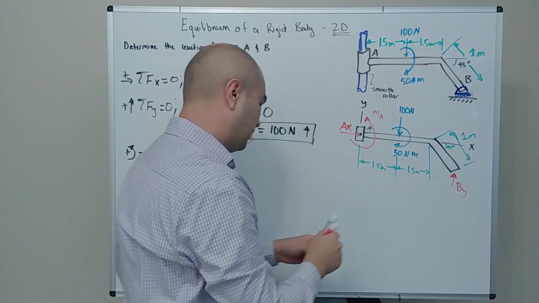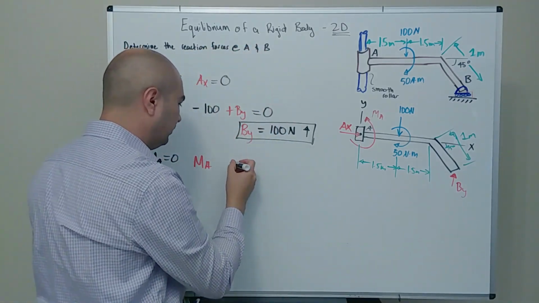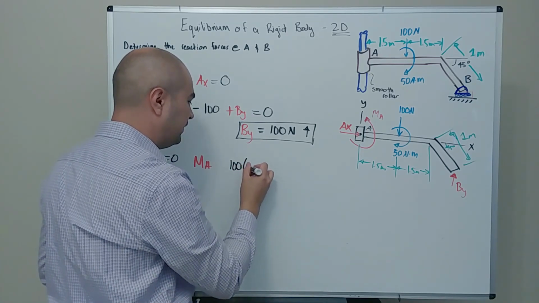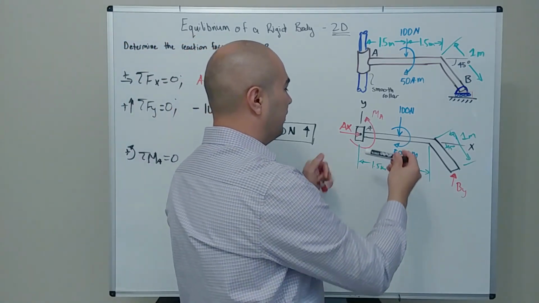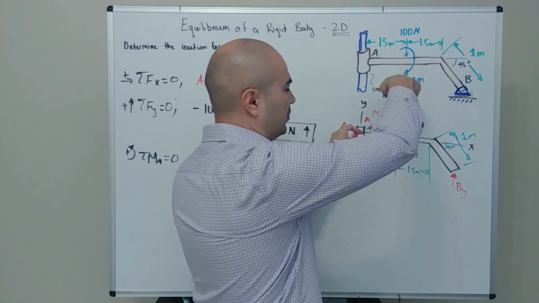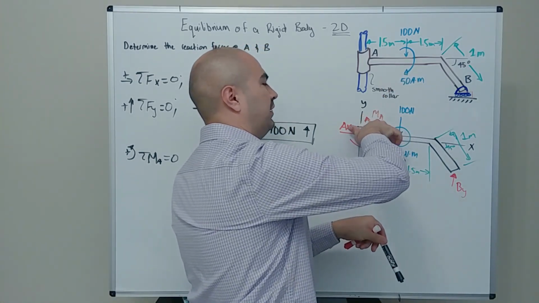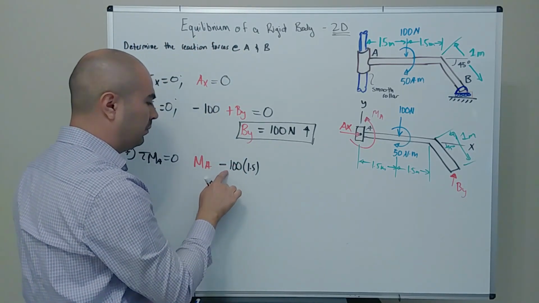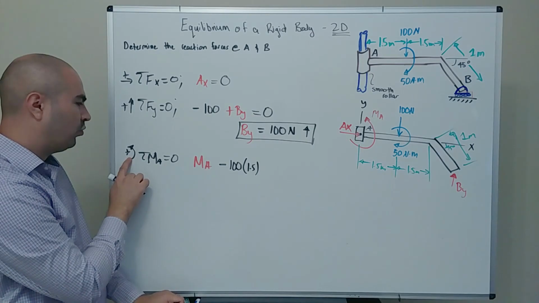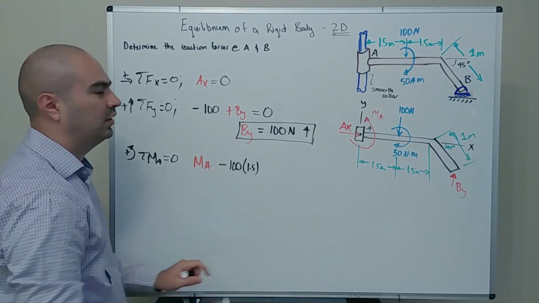So we need to account for it. The force is 100. The distance is 1.5 meters. And then what happens? If I'm pinning at A and I push down, this guy is going to spin like that. That's a clockwise rotation or a negative moment, because counterclockwise is positive, clockwise is negative.